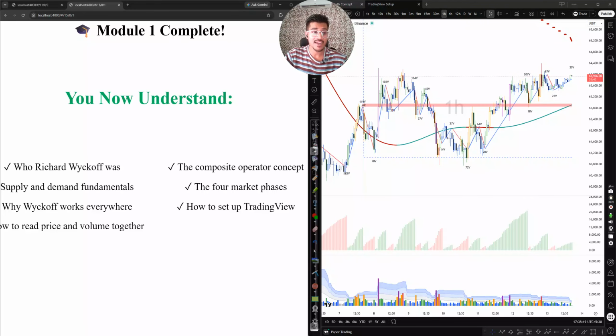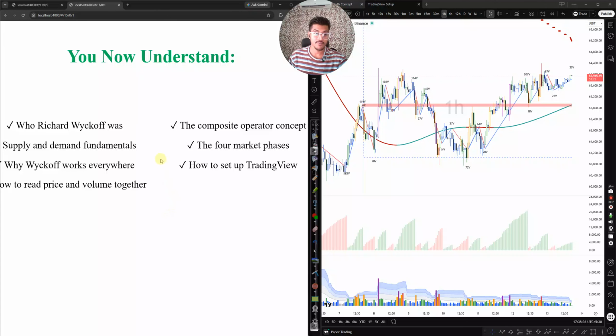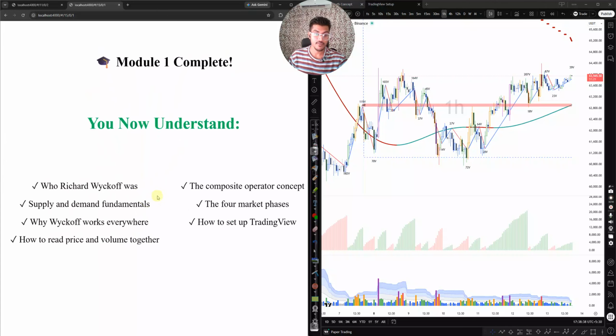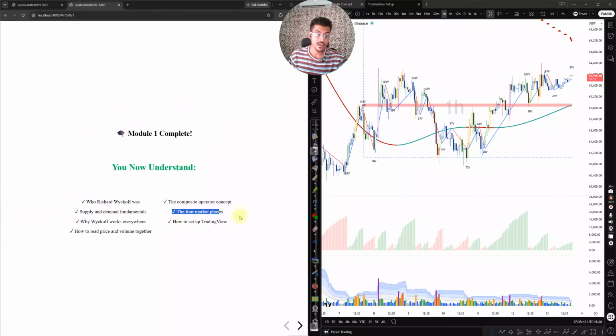You now understand who Richard Wyckoff was. All right. Supply and demand fundamentals. All right. Why Wyckoff works everywhere, and the composite operator concept I taught you. The four market phases we learned: accumulation, markup phase, distribution, and then markdown phase, right?